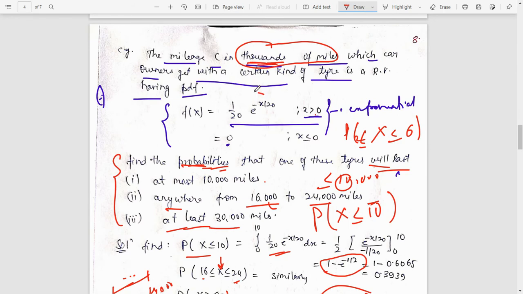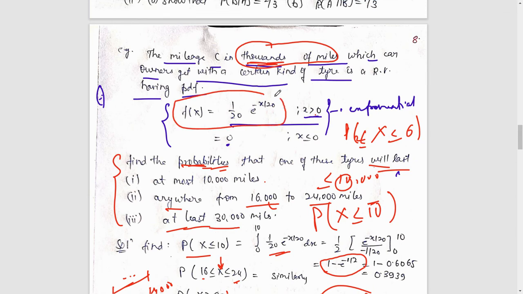So this distribution is obviously given for 1,000 miles. So it may be written that the mileage of a car tire is given in this way. In that case, just take the integral between 16,000 and 24,000. No need to worry. But if it's specifically given that this probability is modeled in terms of thousands of miles, then whatever the mileage is, you use that.